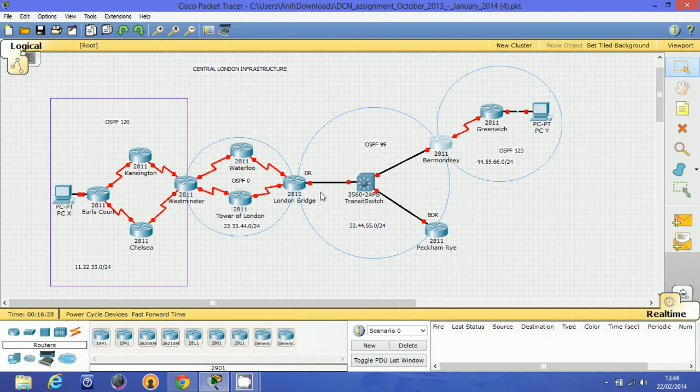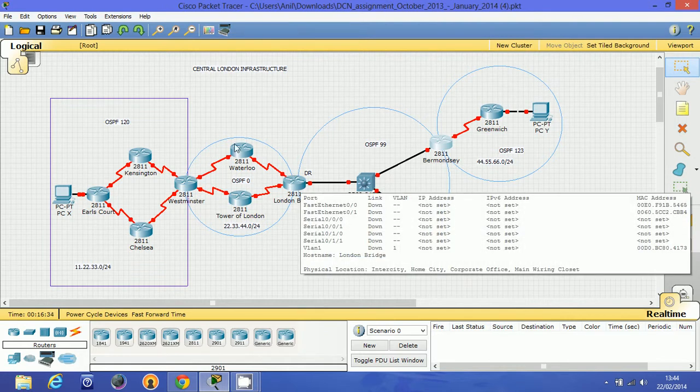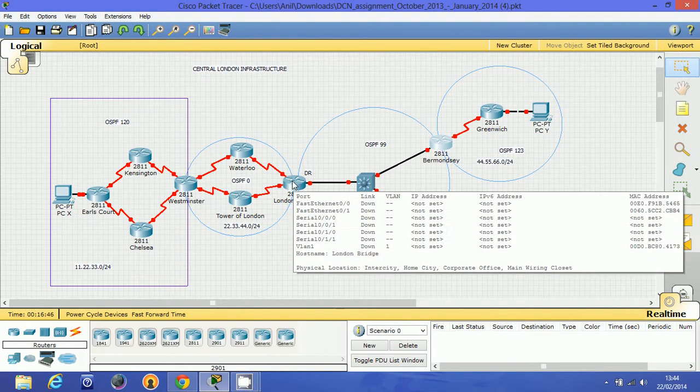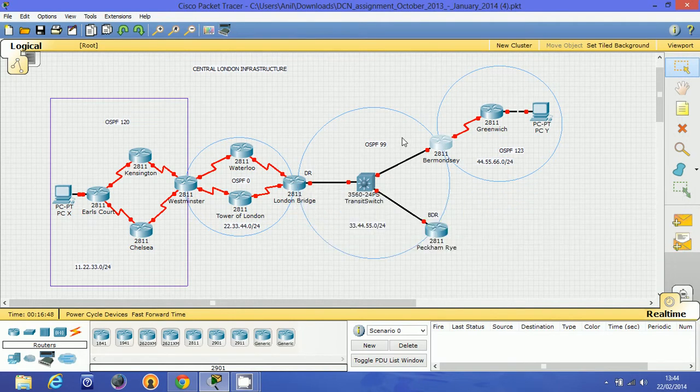In this case, the question will arise: which router will collect the information and advertise it to other areas? Then there will be an election. A router will be elected among these three routers, and the elected router is called the designated router.